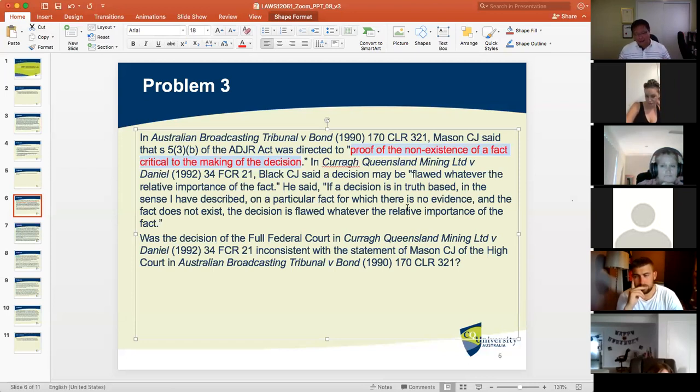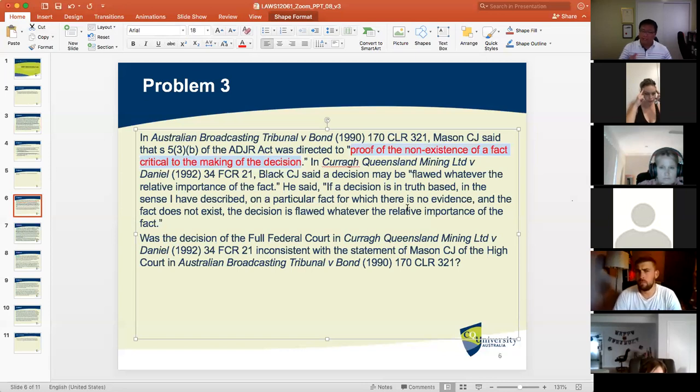Now let's begin with this point, okay? When we speak of the Administrative Decisions (Judicial Review) Act of 1977 Commonwealth, what it essentially means is that a lot of the grounds for judicial review is a codification of the common law.